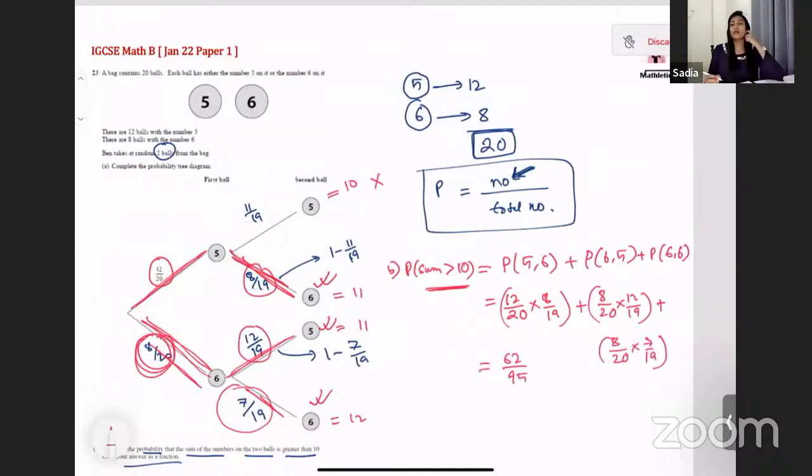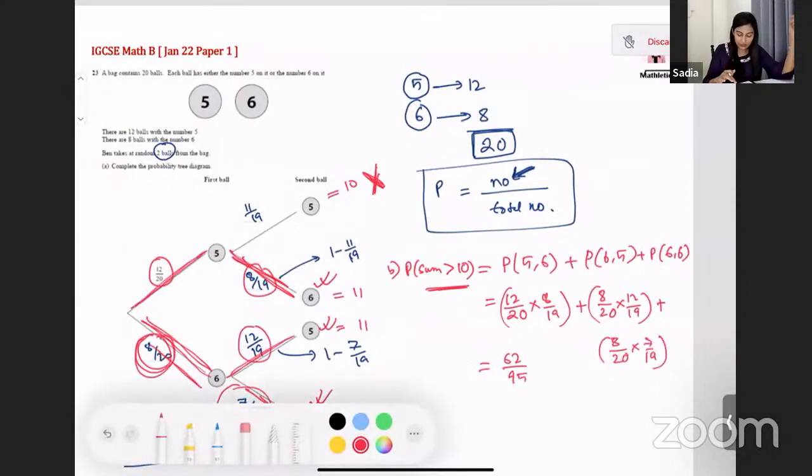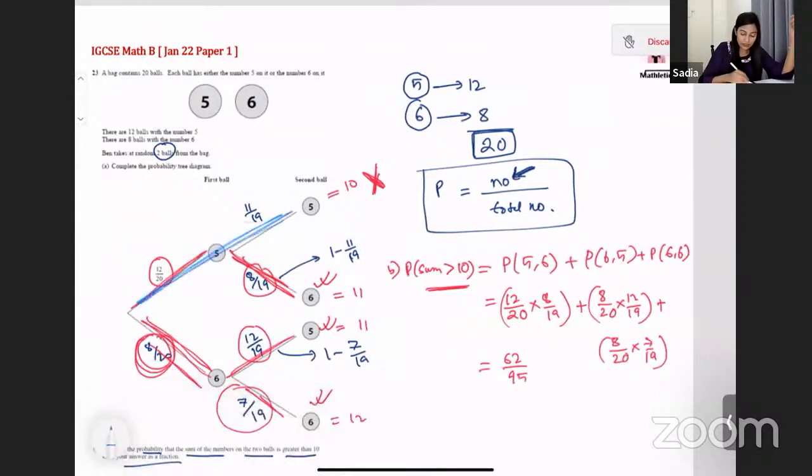But then again, since we have seen that we need to exclude only the first branch, and select the second, third, and fourth, you can even use a shortcut method. Since we know the total probability is 1, we can just deduct the branch which we are supposed to exclude, the first one.